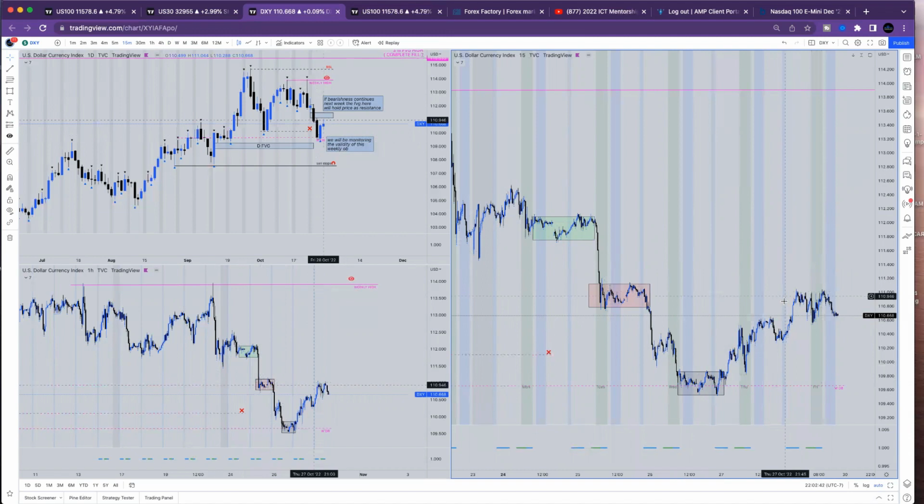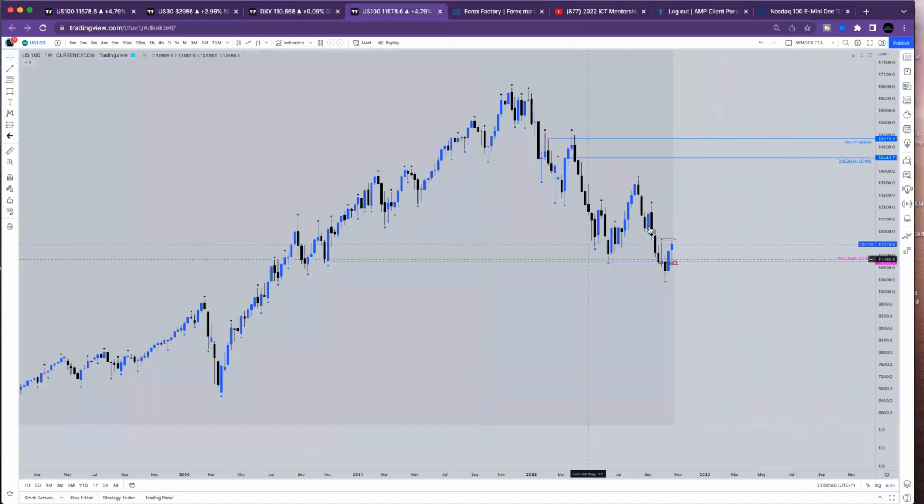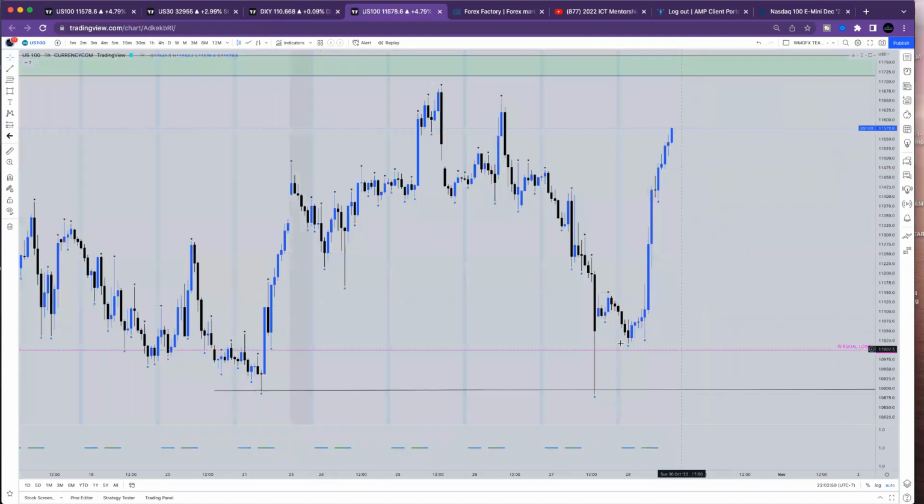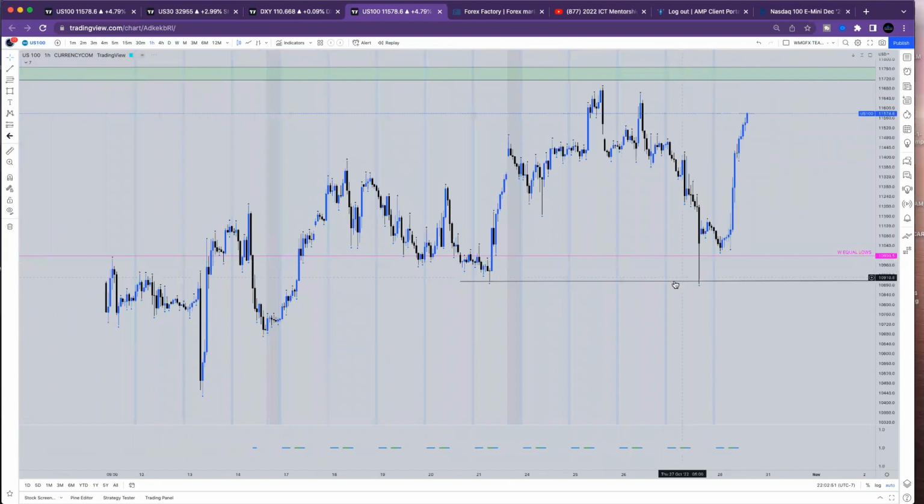Just like on NASDAQ, how there's equal lows, there's equal lows over here. Right here, see this? There's equal lows there and there's equal highs, okay? So we're looking for the equal highs to be ran potentially and then have it attack these equal lows.